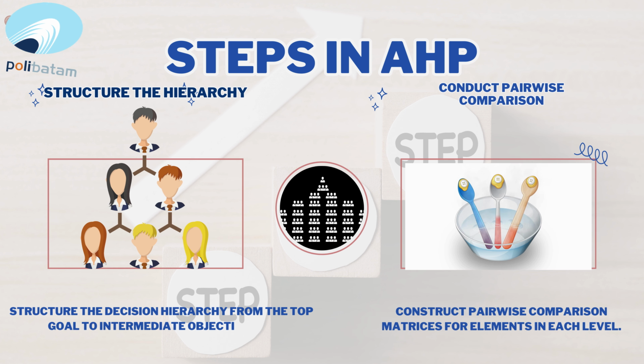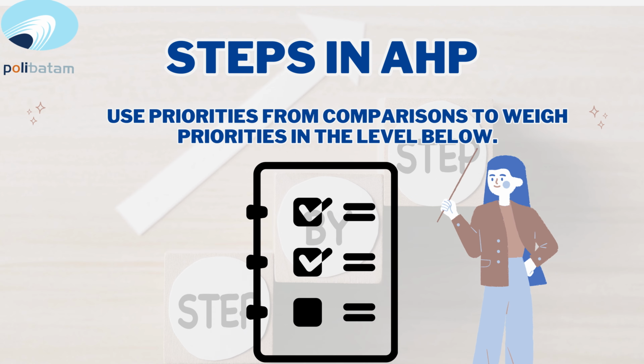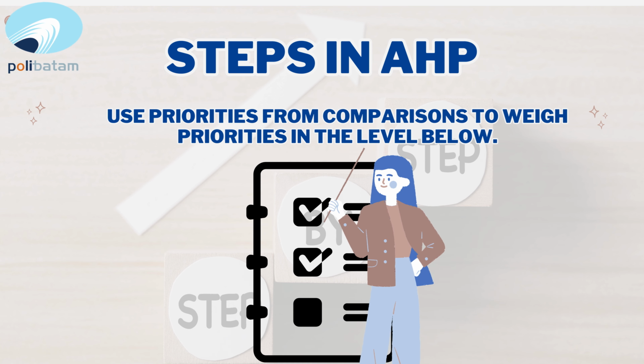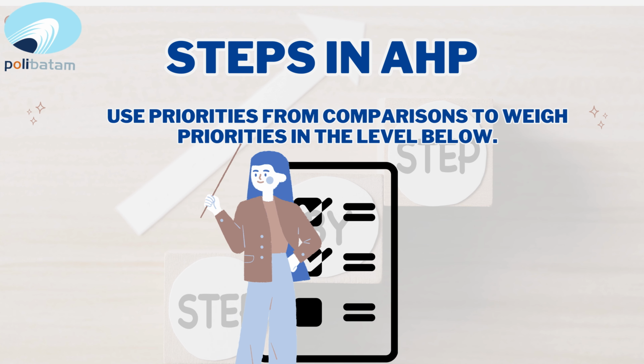Step 3: Construct pairwise comparison matrices for elements in each level. And the last step, Step 4: Use priorities from comparison to weight priorities in the level below. This structured approach ensures a comprehensive evaluation process.